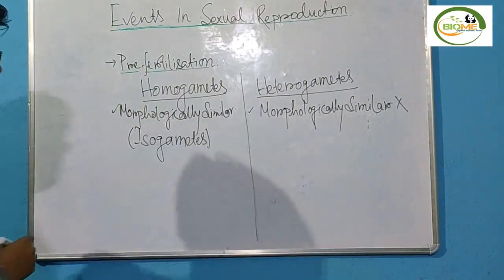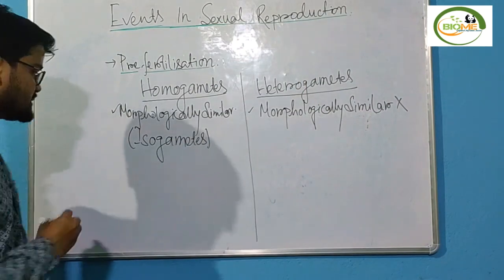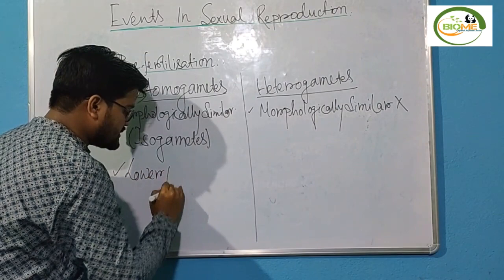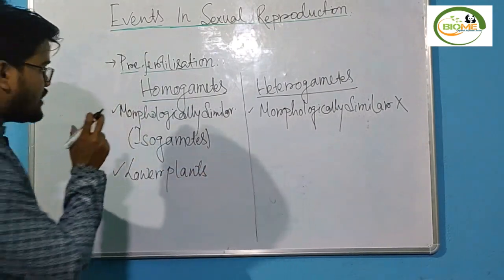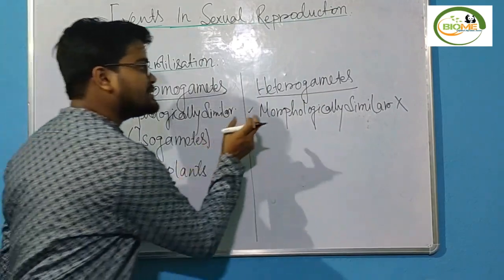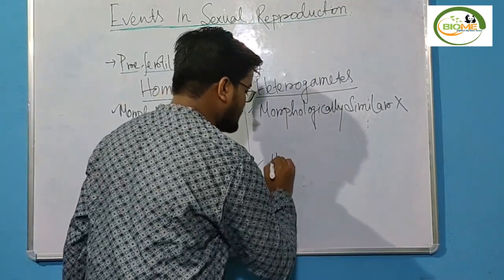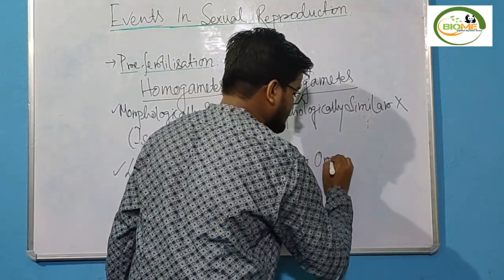Clear? So where can we get isogamous or heterogamous? Generally in lower plants we get homogametes, and heterogametes we generally get in higher organisms.